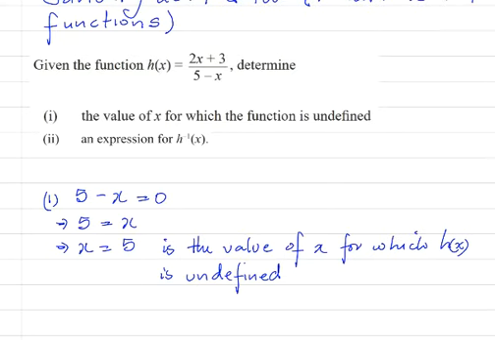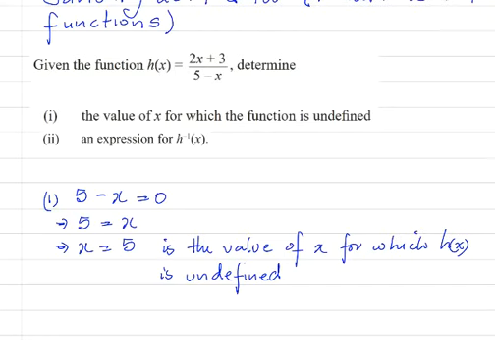So if we choose a value of x that is going to cause the denominator to be equal to 0, that value of x will not give back a value for y, there is no image, for that value of x there is no value of y.